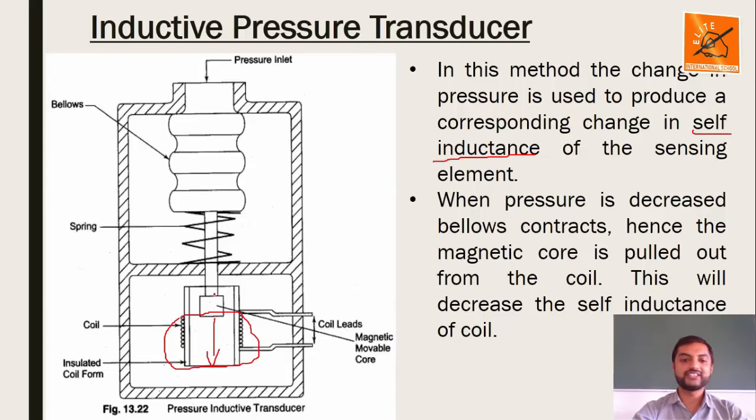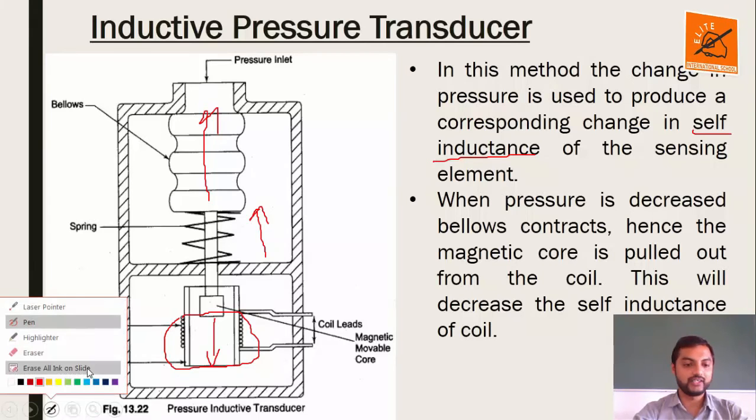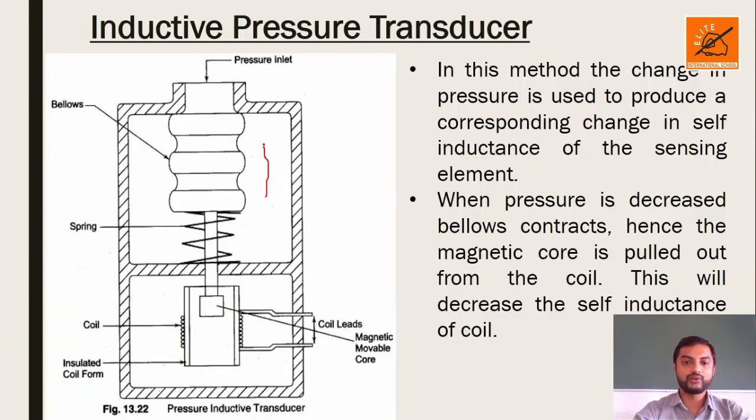When pressure is decreased, what happens? These bellows get contracted and this spring gets expanded. Let me erase it again. These bellows get contracted and this spring expands, and because of that this iron core moves upward and it neglects the effect of the inductance of the coil, and because of that self-inductance of that coil decreases.